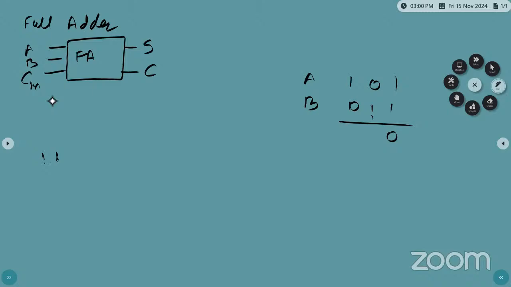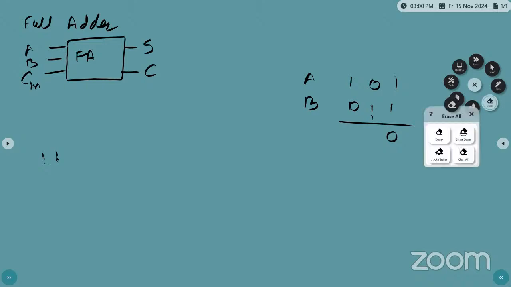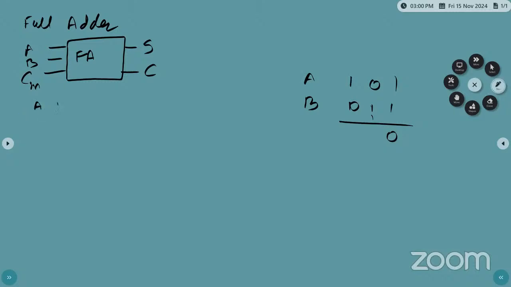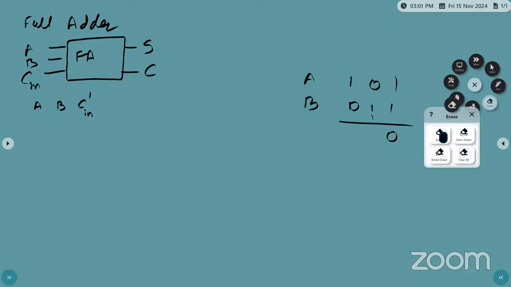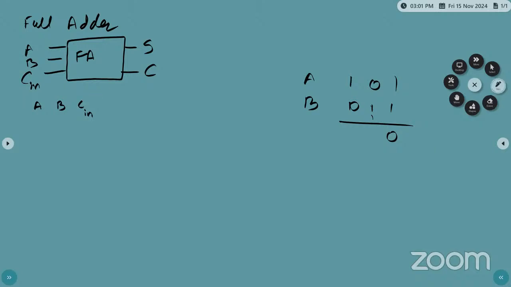Now the full adder truth table: A, B, C, where C is the carry input. The outputs are sum and carry.